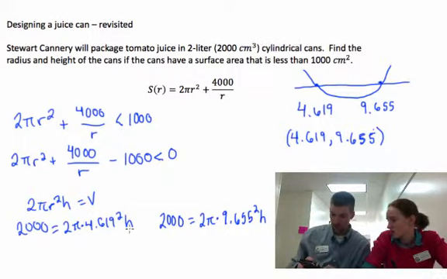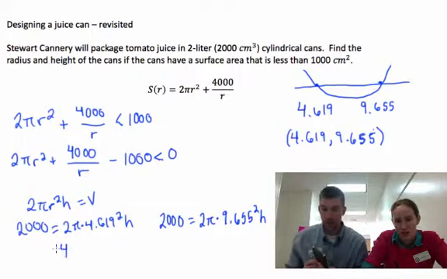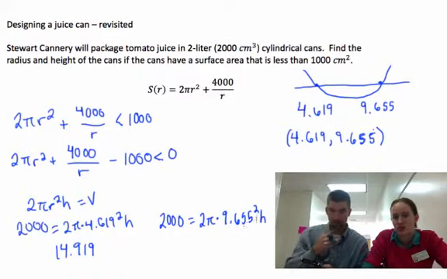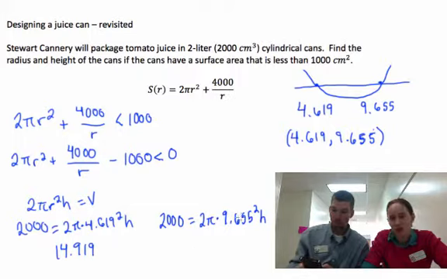I got 14.919. Then you can just edit what you have and put in 9.655.